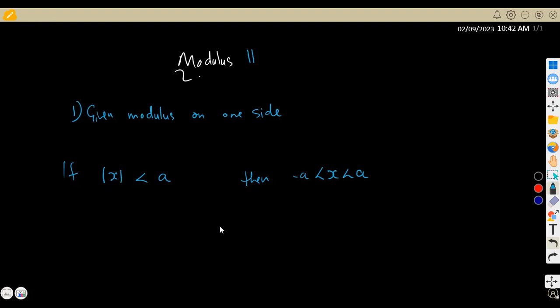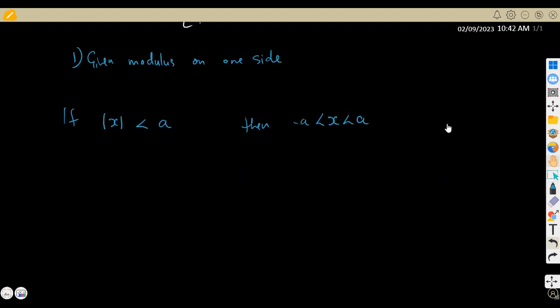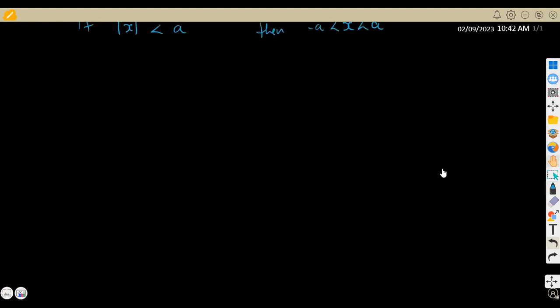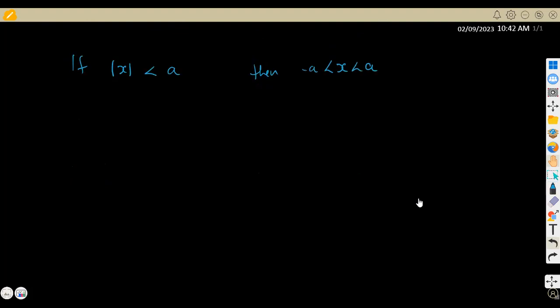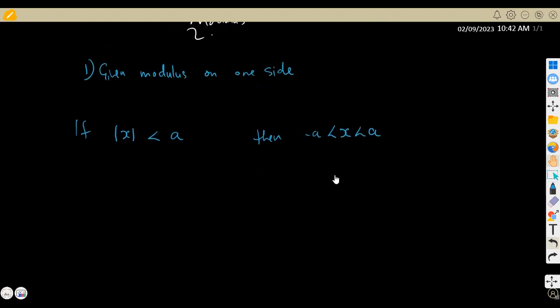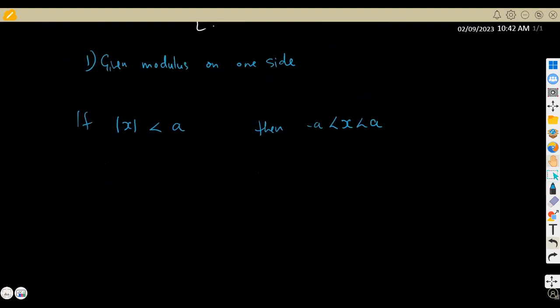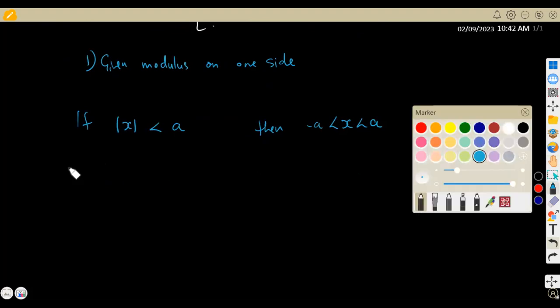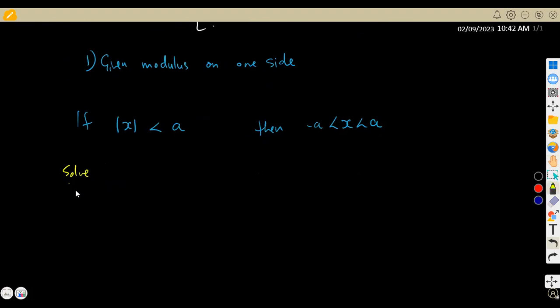Let me explain with an example that we are going to use for the modulus function. Remember, I told you, whenever you've got a modulus, you can write it in the format that I indicated. So let's take this question. We are asked to solve for x, given the modulus of 2x minus 5 is less than 3.